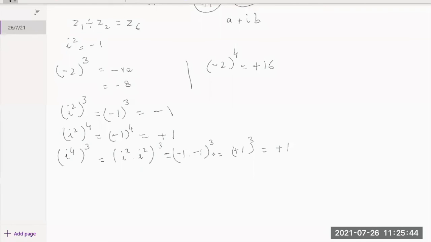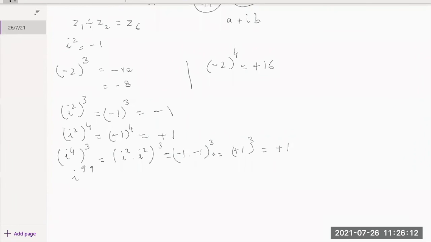Now see, in the book also there is one question I am picking up. Let's say i to the power of 99.